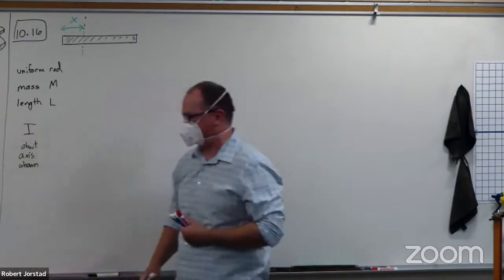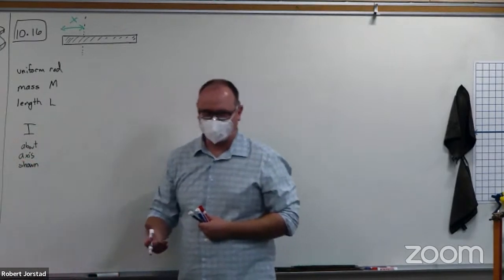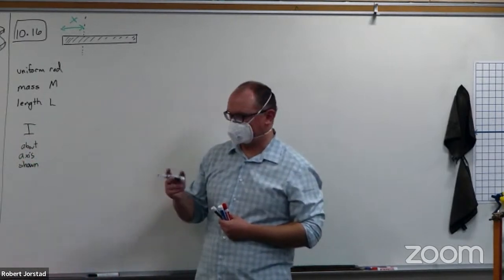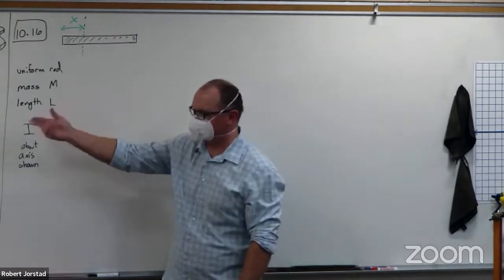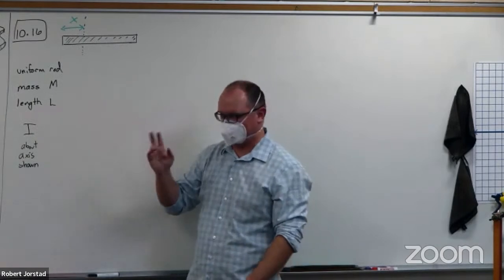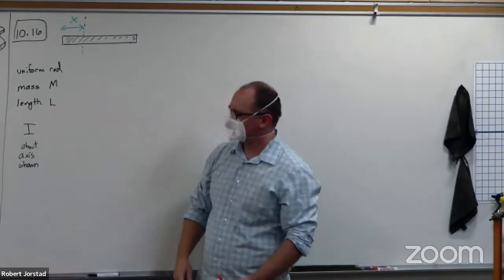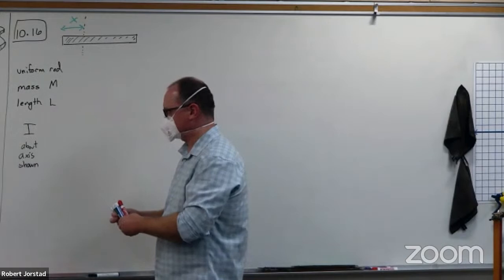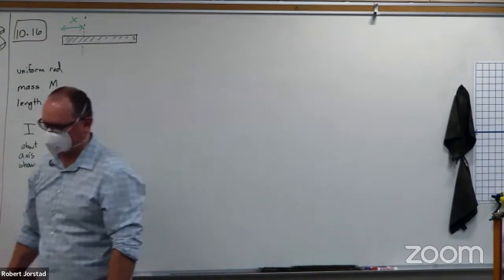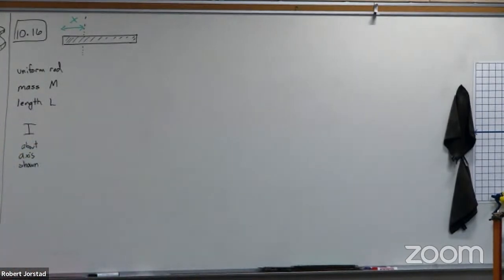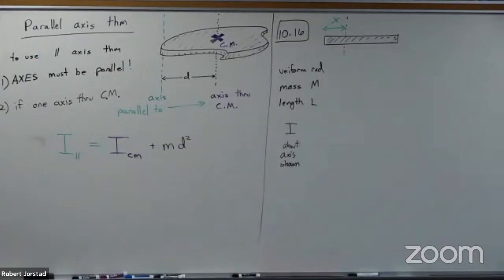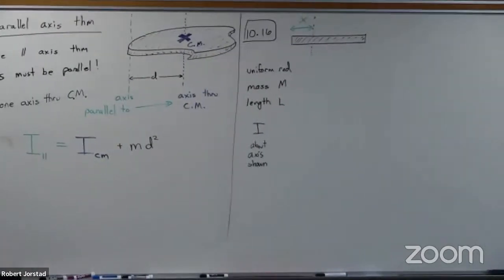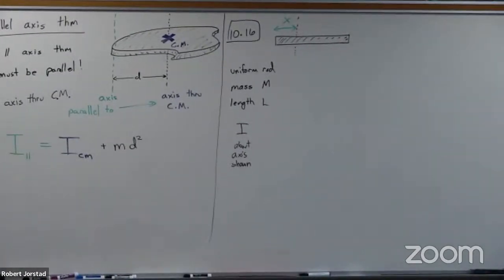Okay, help me out. Gee, I bet this is a good candidate for the parallel axis theorem. Do you agree? Otherwise, I wouldn't have just said it and done an example problem. So we know we're going to use the parallel axis theorem. Well, if I write that down really quick, oh, there it is. We've got our parallel axis theorem here.